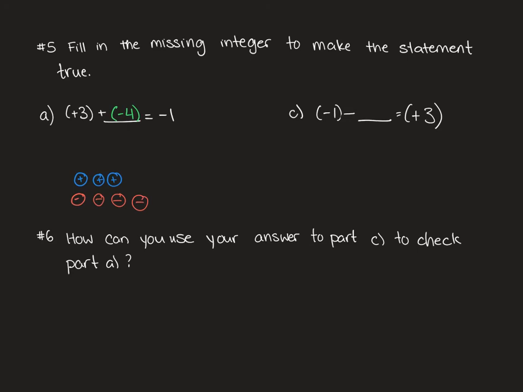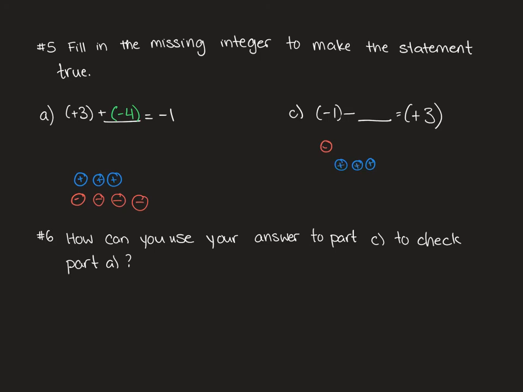So if we were to look at this and go, okay, I have 1 negative. I need to subtract more negatives because I want to gain to get up here, right? So in order to be able to subtract negatives to get to +3, well, I'll need to have 3 positives in here somewhere.